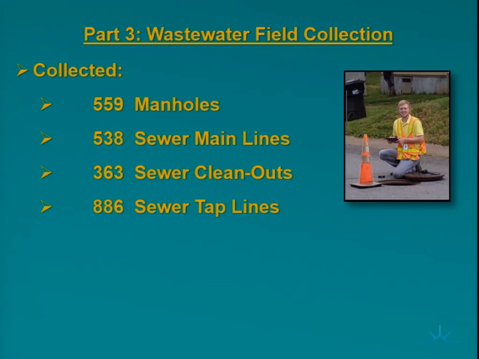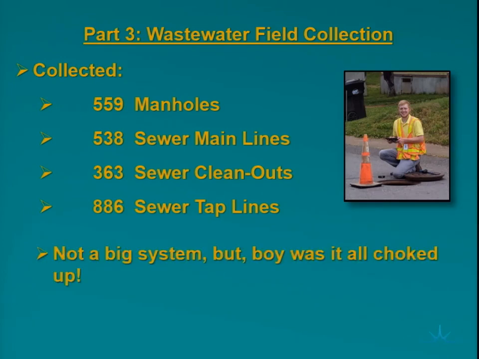We ended up getting 559 manholes, 538 sewer mains, cleanouts, sewer tap lines. We got cleanouts if we saw them. If we didn't see them, we didn't get them. It's not a big system, but it was an old system.